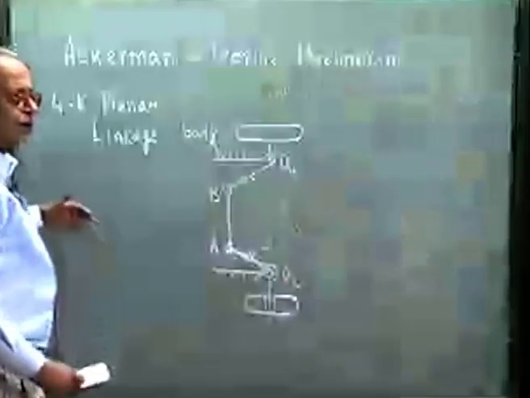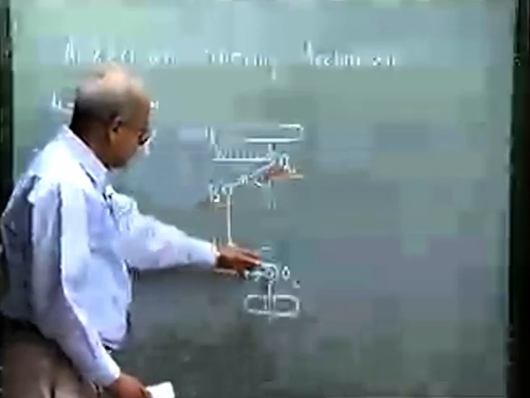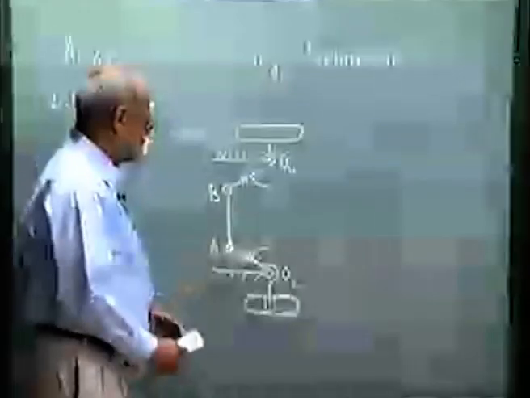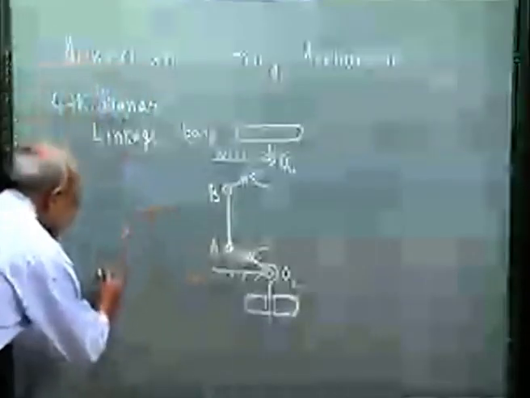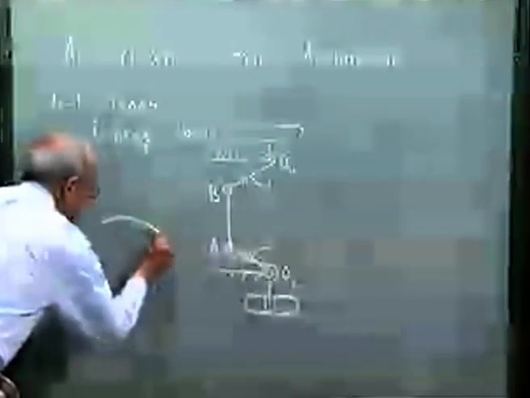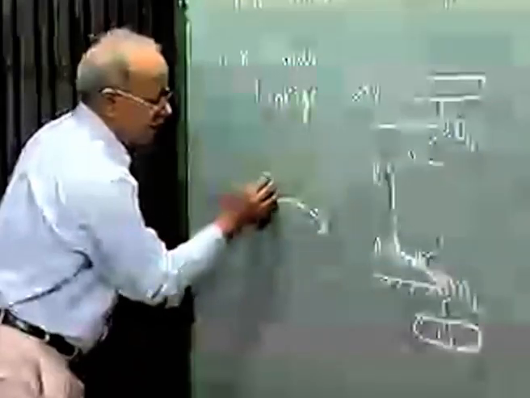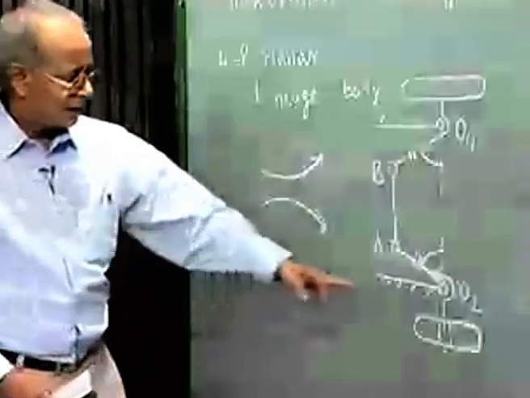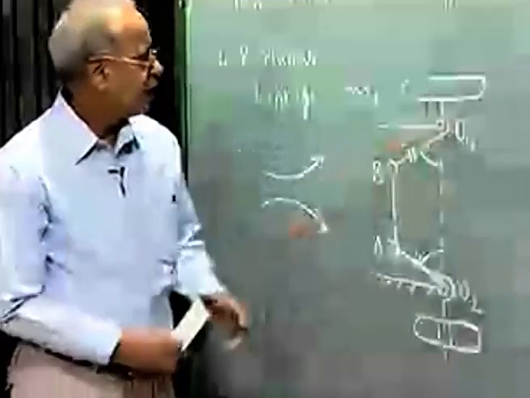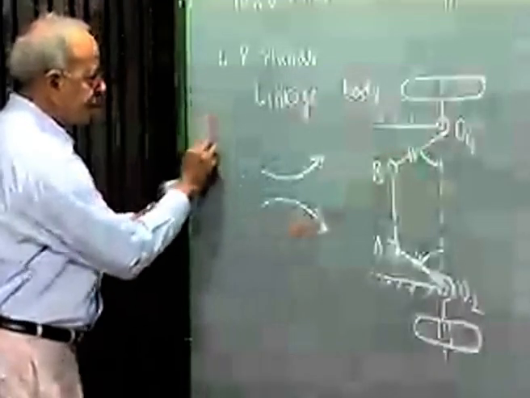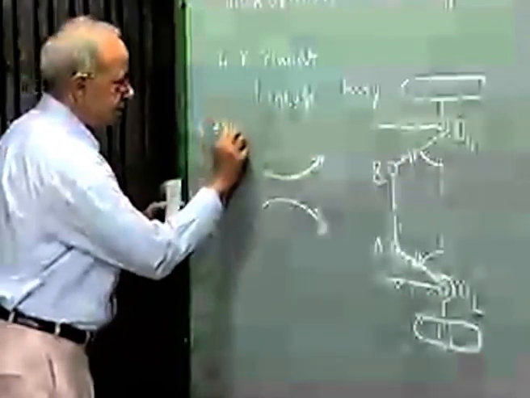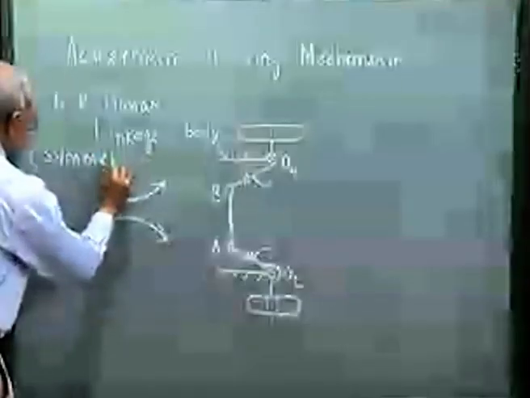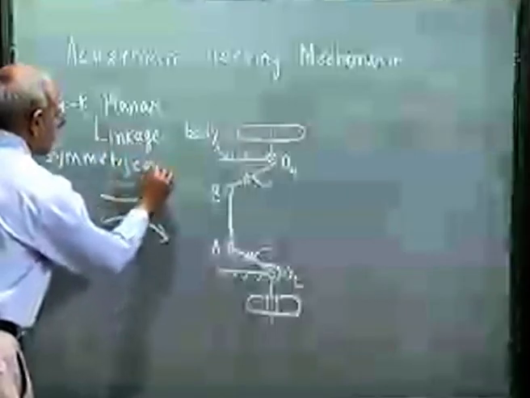While the car is going along a straight path, these two angles must be same because it has to be symmetric, because the car may take a right hand turn or a left hand turn and these two turns must be identical. So this linkage O2 A B O4 is a symmetrical 4R linkage.